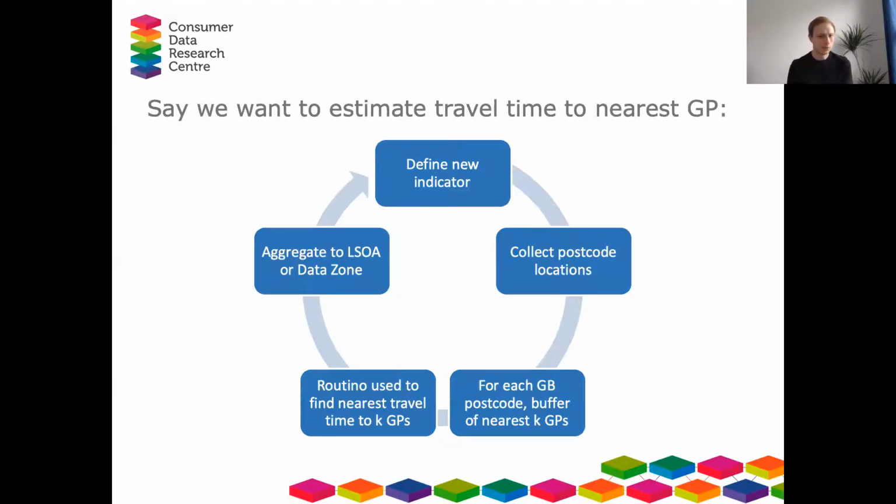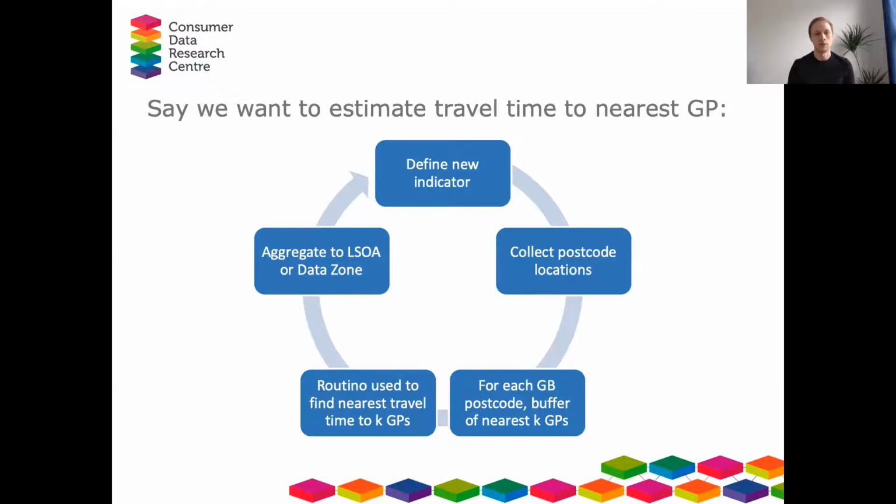So what we do is we identify the nearest GP, and then we store that information. For each postcode in Great Britain, we have the travel time and distance to its nearest general practice. And then we take that information and we aggregate those up to various different geographical zones.